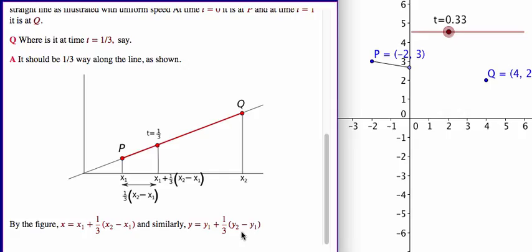So now can you say what's going to happen at time t if I don't tell you it's 1/3? Simple. You just replace 1/3 here and there by the general time t. So we're going to get a formula for the line segment that I'm after. That's how I got this one on the right.